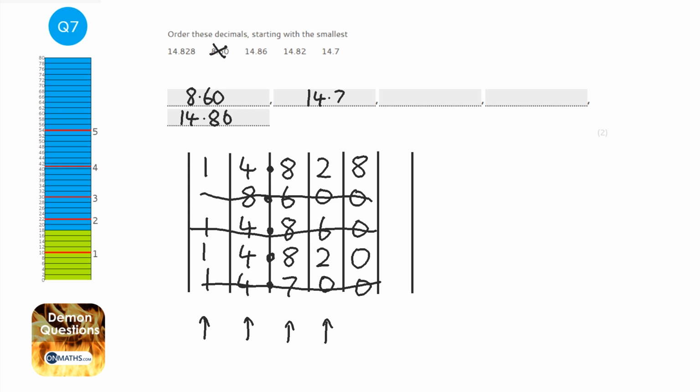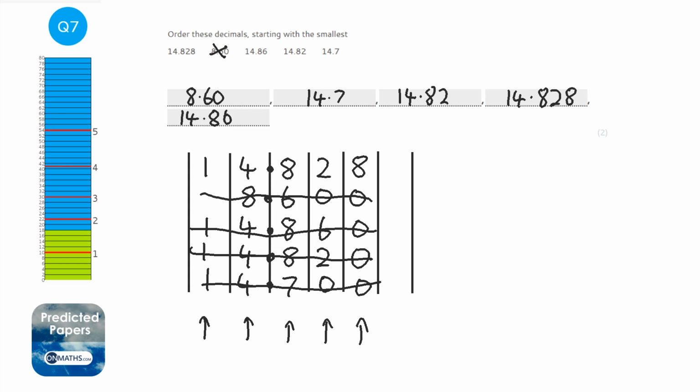Well, let's move on a column. And you can see here that 14.82 is the smaller of the 2. And so that leaves the 14.828 in that position.